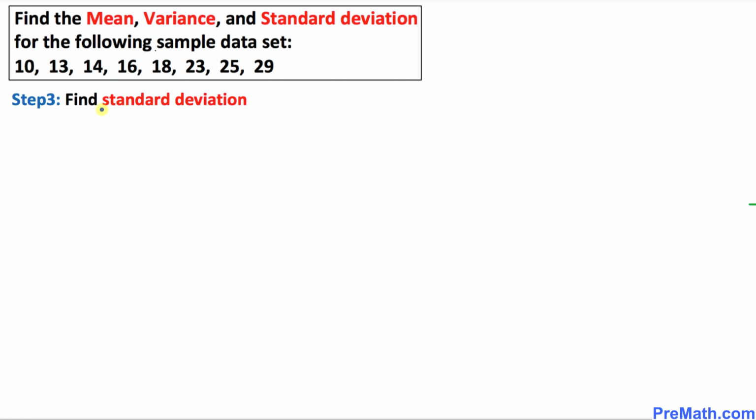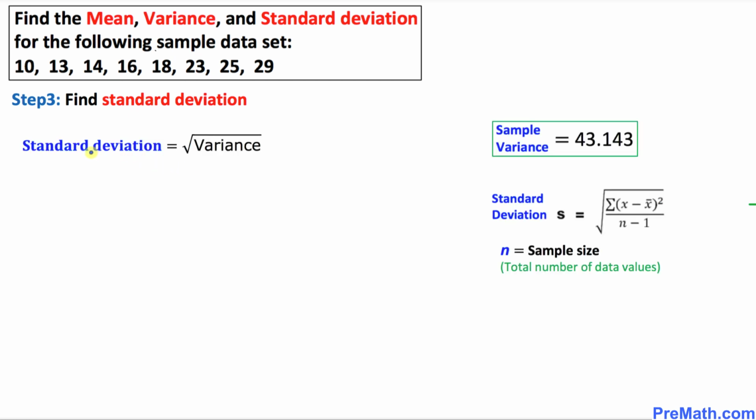And in our final step, step number 3, we are going to calculate the standard deviation. And always remember that the standard deviation is equal to the square root of the sample variance. And we figured out the sample variance in our previous step, which was 43.143.